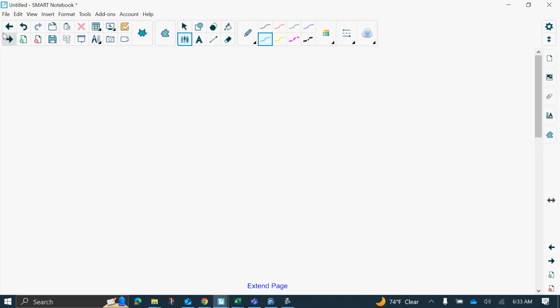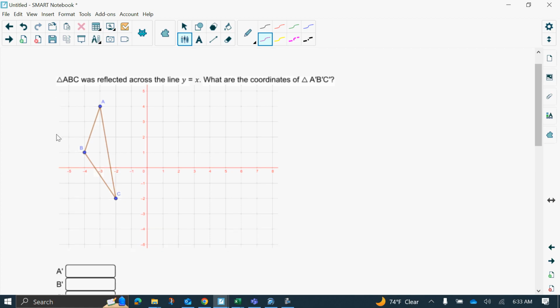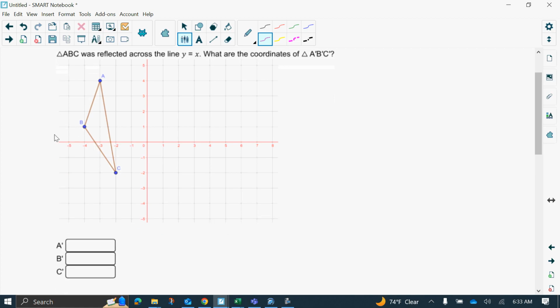Question 4 is on the next one. Okay. Triangle ABC was reflected across y equals x. What are the coordinates of A prime, B prime, C prime? Well, y equals x just means that xy goes to yx.